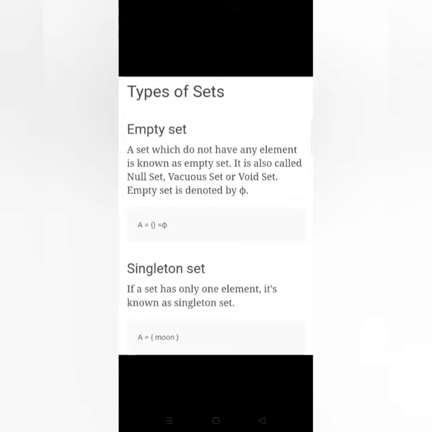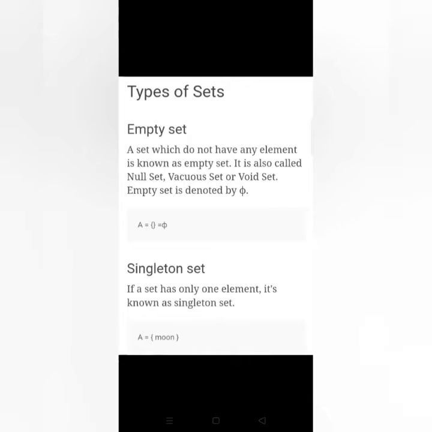Next type, singleton set. If a set has only one element, it's known as singleton set. Okay, students?